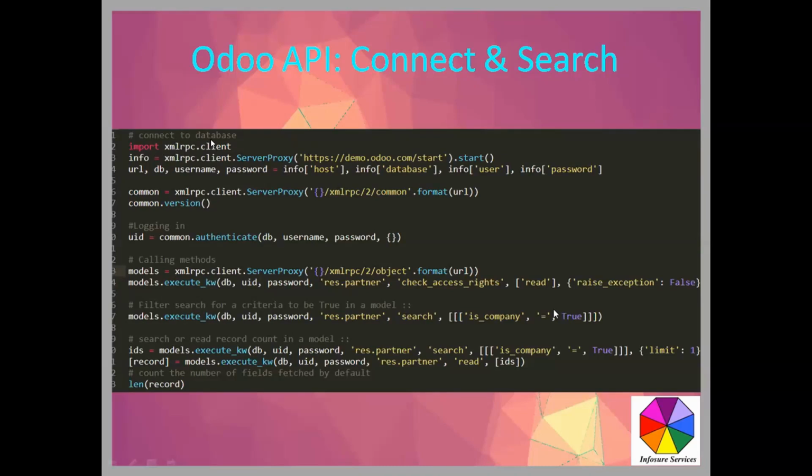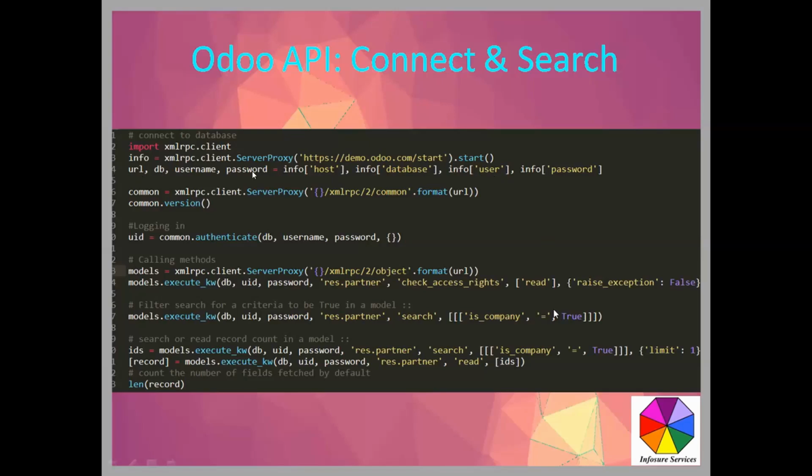So import, you know what a package and a module are. That's the XML RPC client and server proxy to start. It's given some URL and say start. What happens here is it returns info as a dictionary, which can give you values of host, database, username, password.